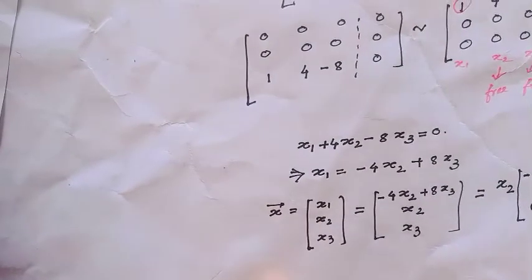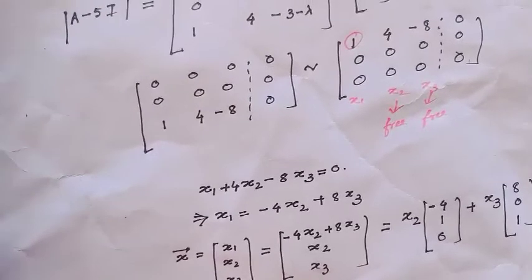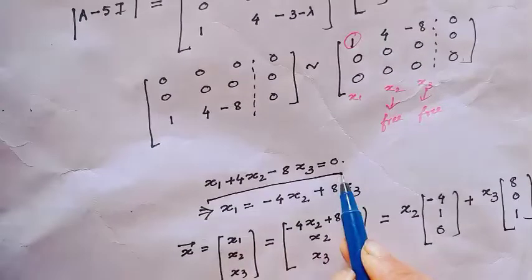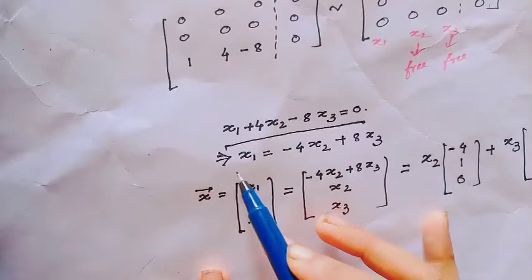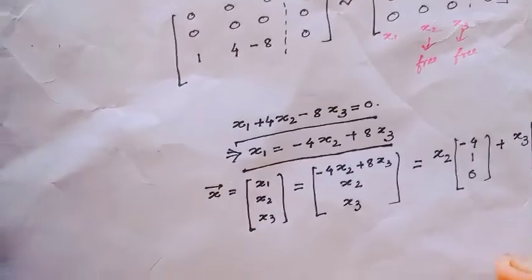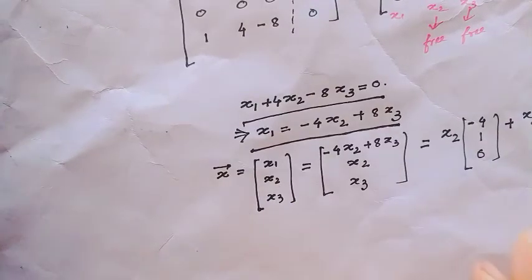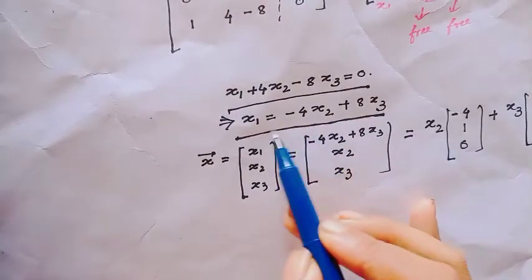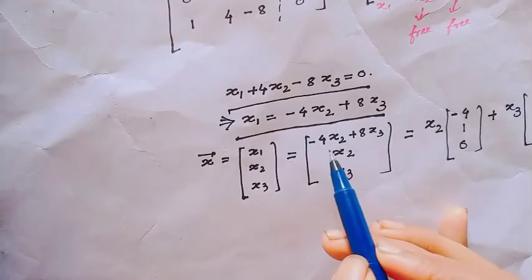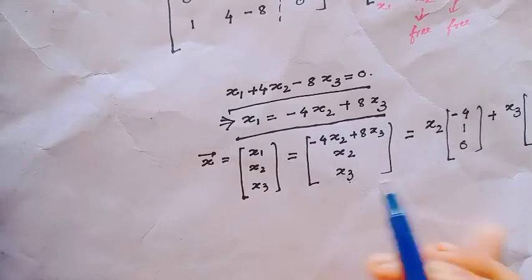That implies x1 plus 4x2 minus 8x3 equal to 0. That means x1 equal to minus 4x2 plus 8x3, and consider the vector x1, x2, x3. Now put the value of x1 here: minus 4x2 plus 8x3, x2, x3.